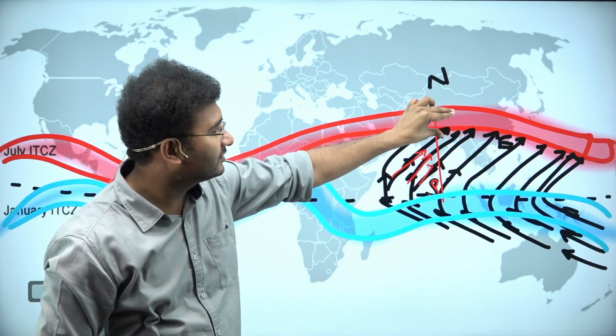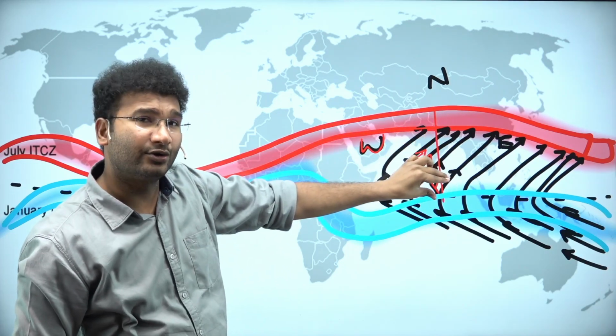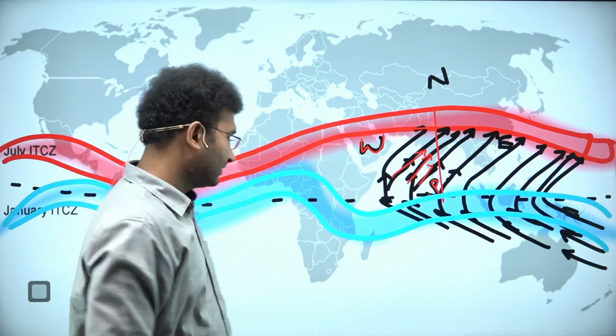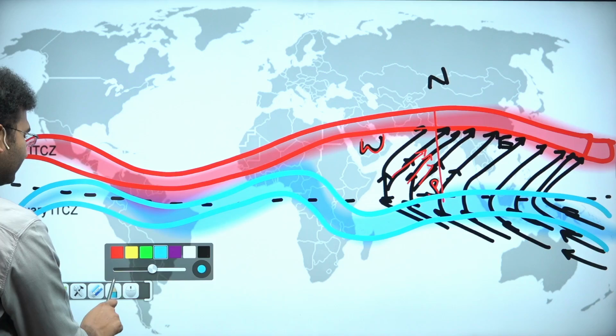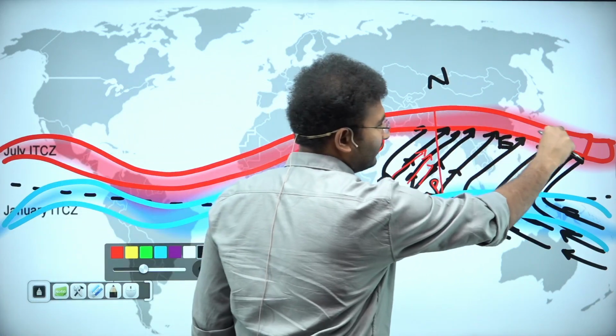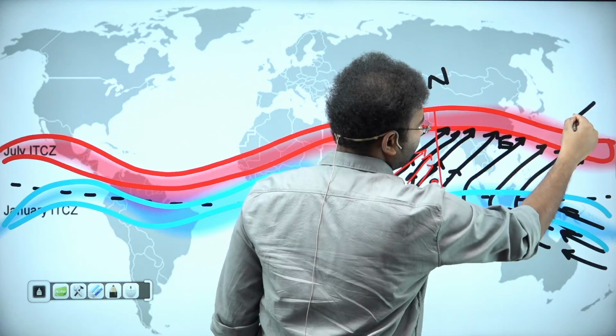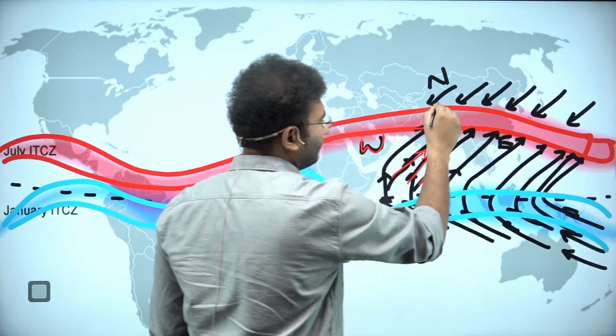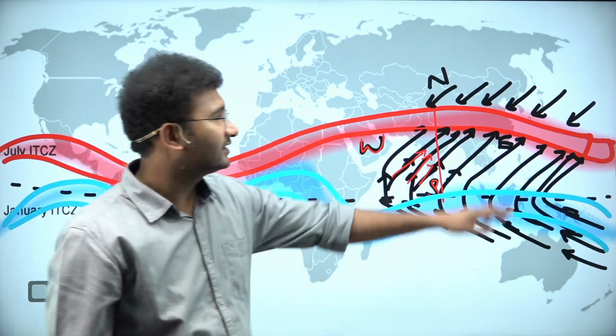This entire system, if it is shifting downward, don't you think that the wind system will also shift downward? Yes. So when the ITCZ zone is in the northern hemisphere, in the month of June, July, is this the direction of the winds? This is how the northeasterlies are there. Can I say these are northeasterlies?